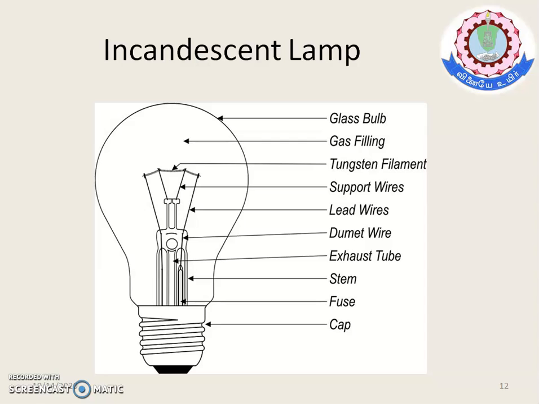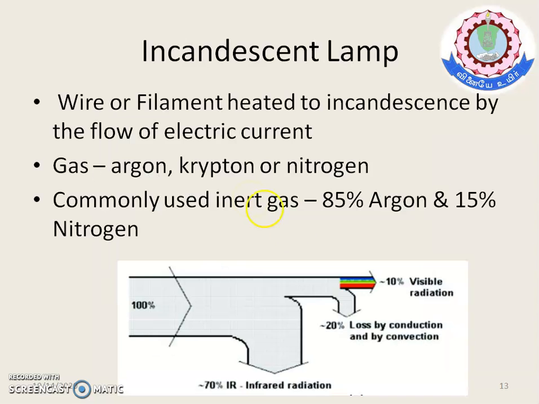The key thing with respect to the incandescent lamp is a wire or filament heated to incandescence by a flow of electrical current. The inert gas filled is argon, krypton or nitrogen. Commonly used inert gases are 88% argon and 15% nitrogen. When you analyze this lamp, 100% of the electrical energy is converted into 70% infrared radiation. What is the meaning of that? Heat radiation, which is not visible to your eyes.